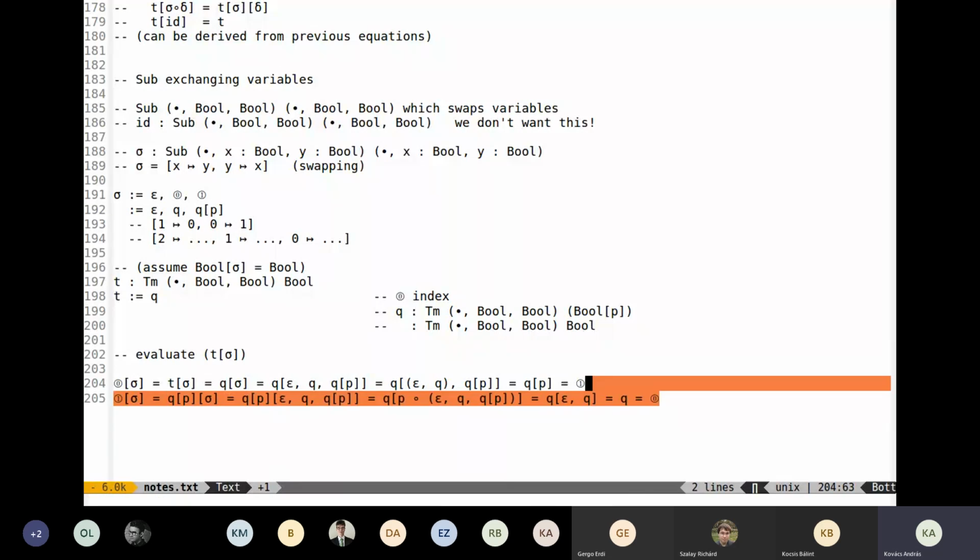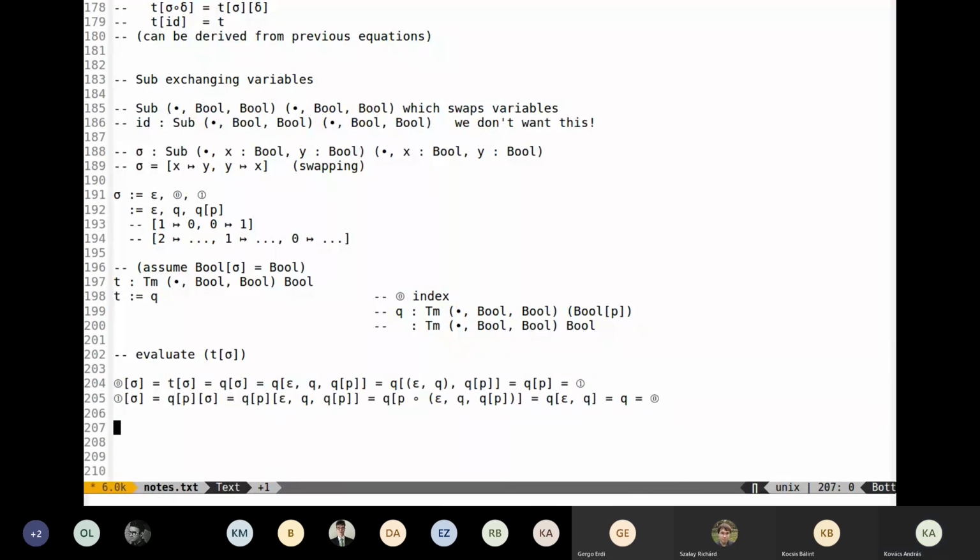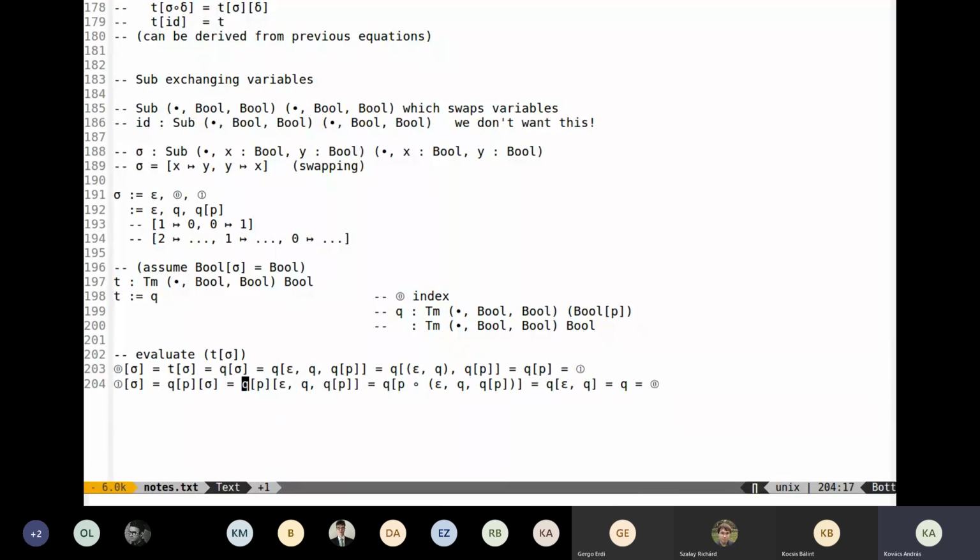Okay, so maybe this is a bit magical, but I think it's still useful to think about this lookup intuition. So what is the lookup intuition for indices?